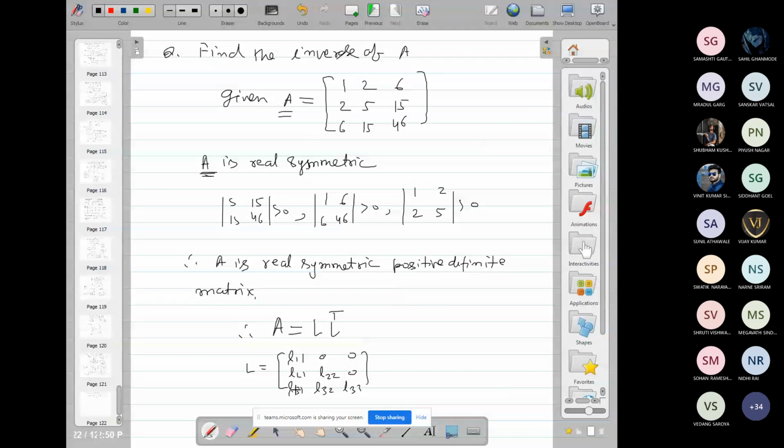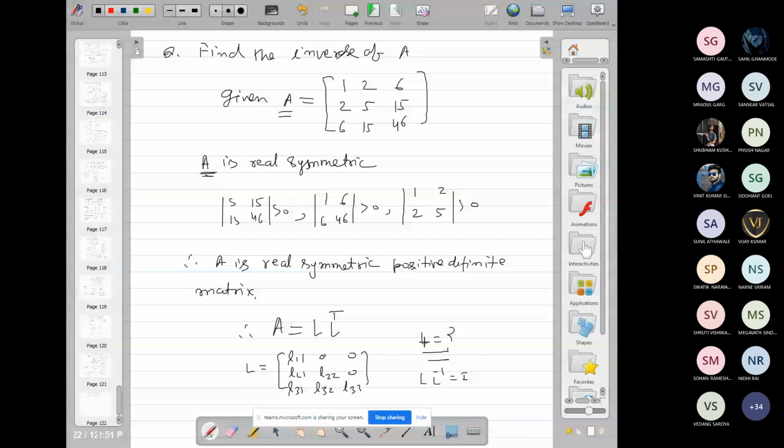Determine L first and then L inverse. Solve and determine L and then L inverse. How will we determine L inverse? We have L, then by using L inverse L is equal to I. So L is known, by taking L inverse is equal to another matrix.